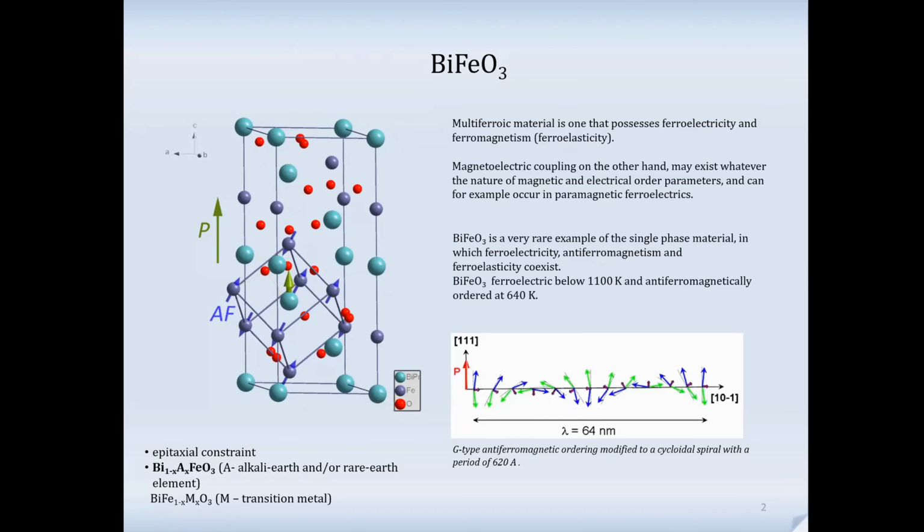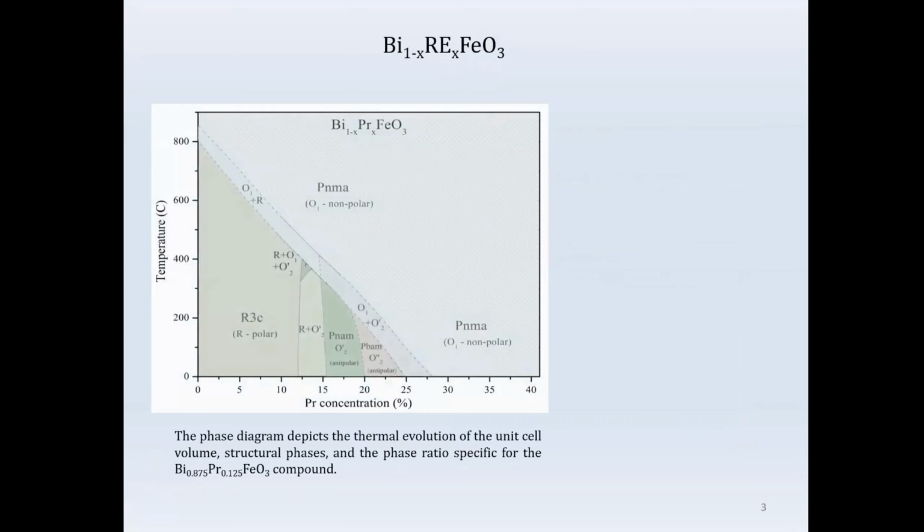So let's speak about the system which was mentioned, samarium-doped. Actually, we made a lot of solid solutions when we substituted bismuth ions by rare earth elements like lanthanum, praseodymium, neodymium, and so on. And we found that in general, the phase diagram looks like this one.